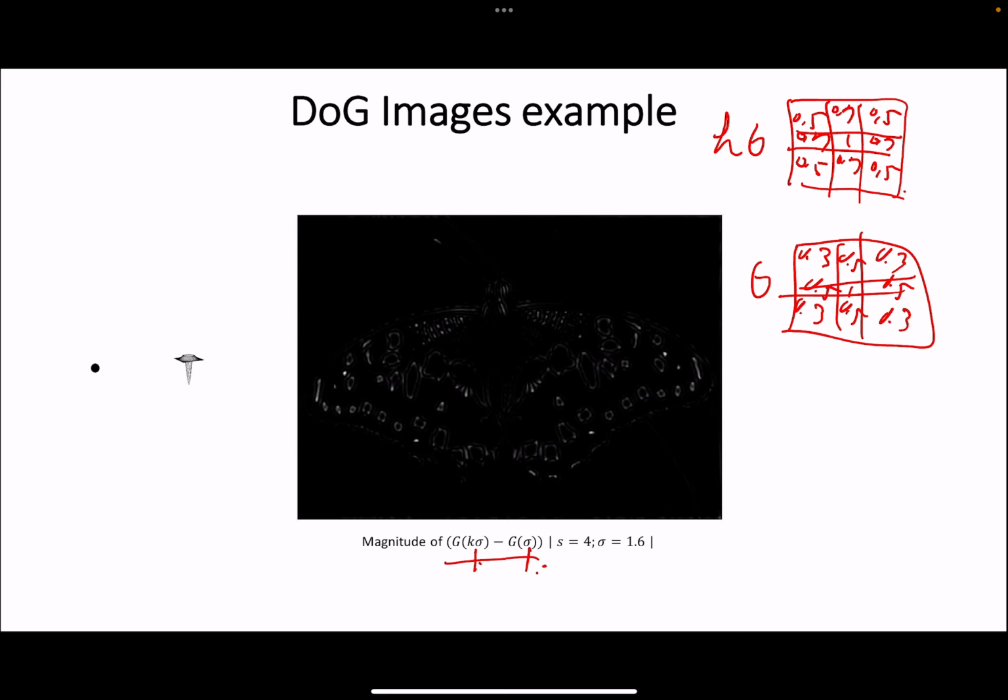So we can use different kernels and just apply convolution with these different kernels. Then we get the pixel-wise difference, subtracting each pixel, so that we get an image. This is literally the difference between Gaussians.